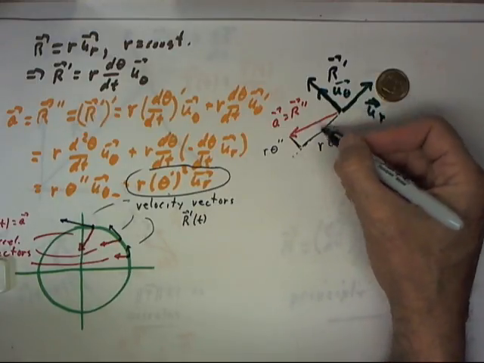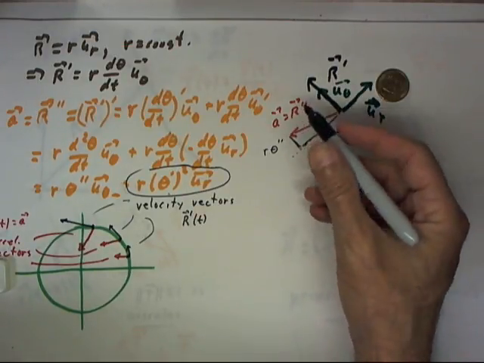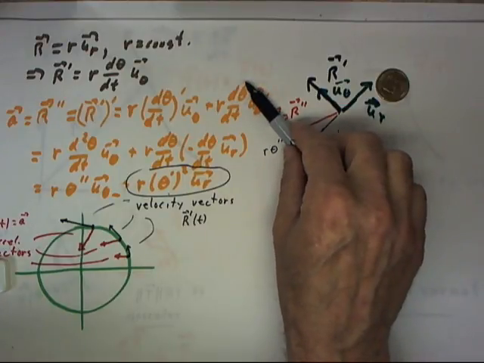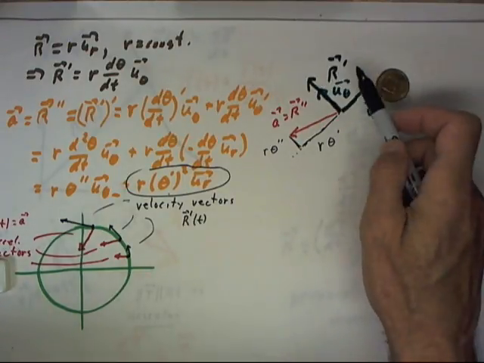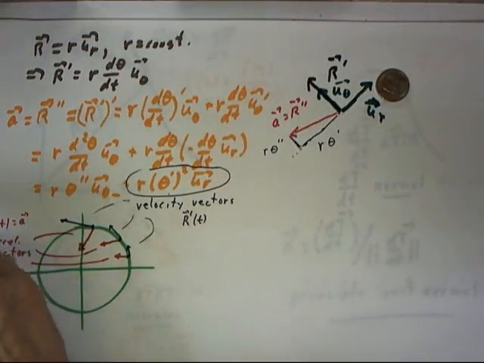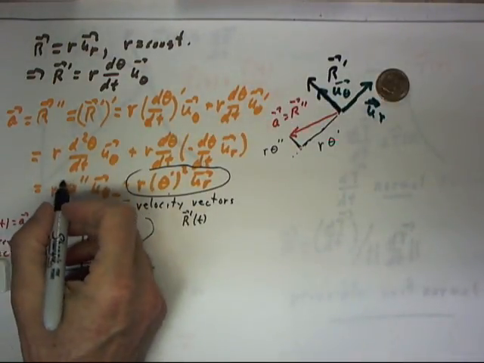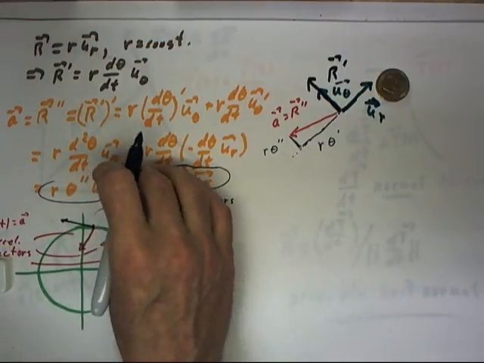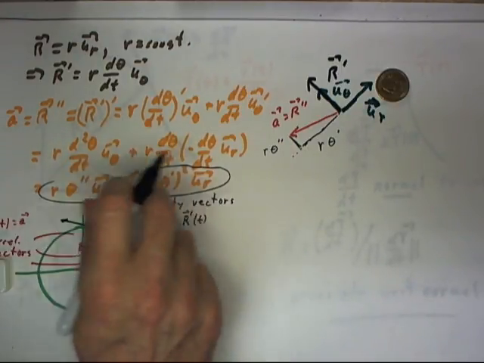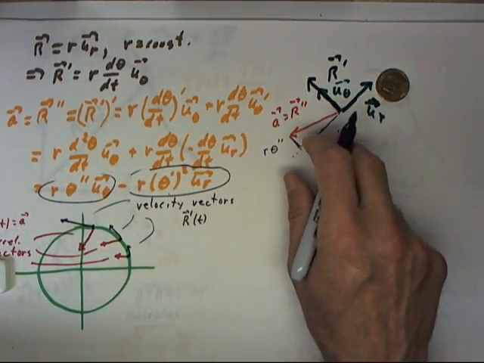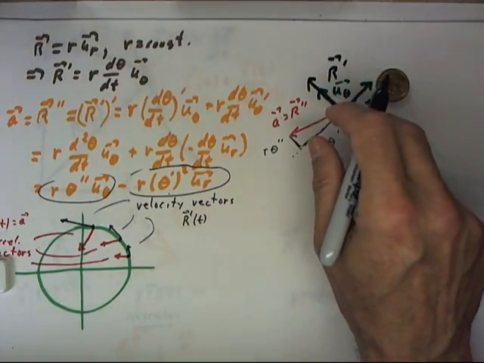This component is perpendicular to the motion. This component is parallel to the motion, to the r prime vector. And the magnitudes of those two vectors are given very simply by this second derivative. Now we'll go on with this interpretation in a minute.